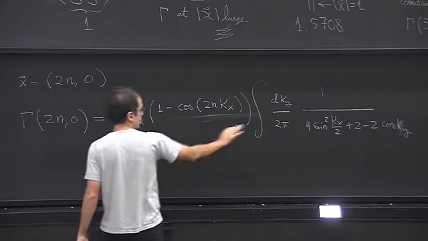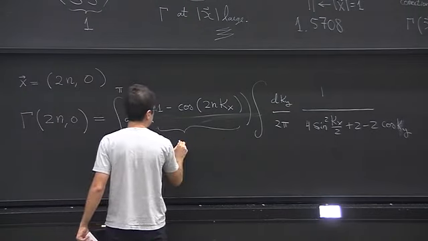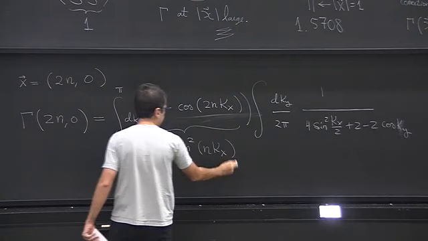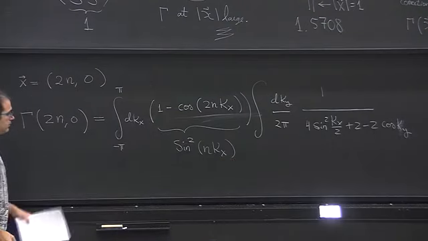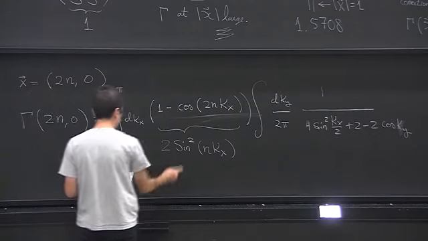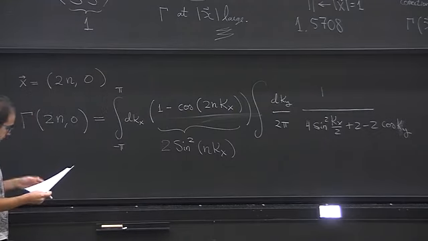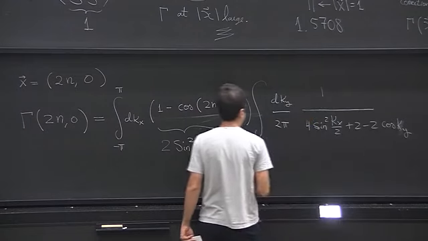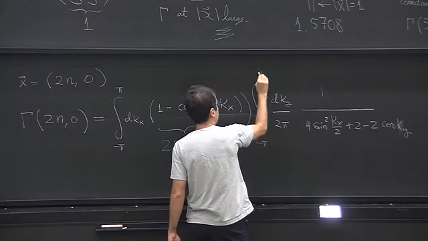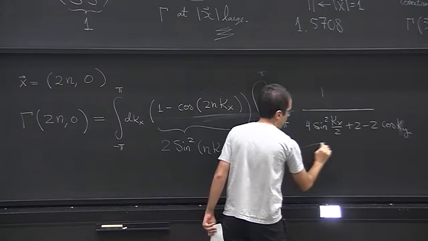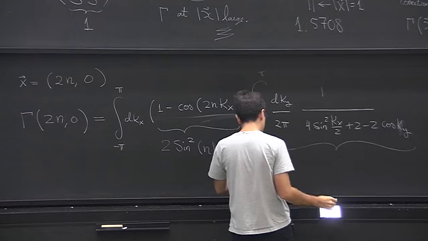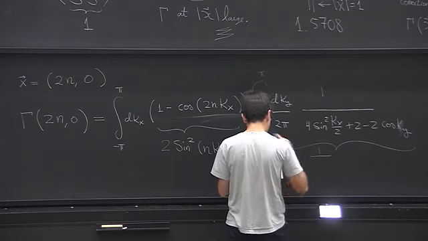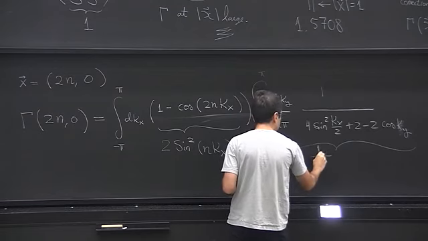So I have this object that I have to compute, and this is nothing but sine square of n kx with a factor of 2. And this integral that I have to integrate between minus pi and pi gives me 1 over, and I will explain why, but let me write the result first so that we understand the steps we are doing.